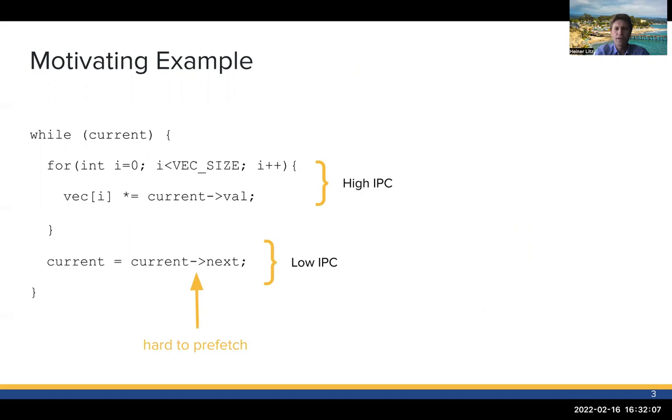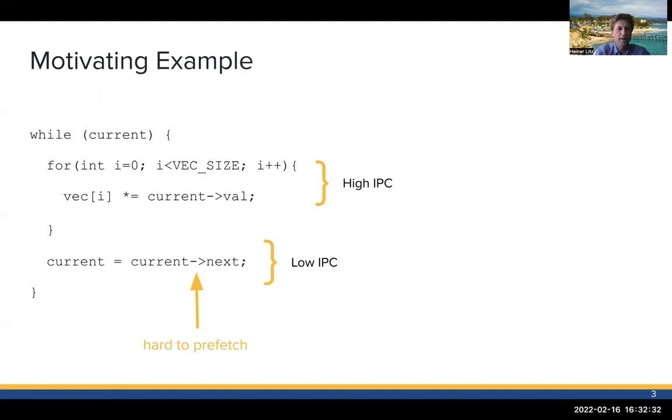Over here, you see a two-nested loop, whereas in the outer loop, we perform an irregular memory access pattern, such as a pointer dereference or linked list traversal. And this memory access is irregular. It's hard to impossible to prefetch by existing hardware prefetchers, and it causes low IPC.